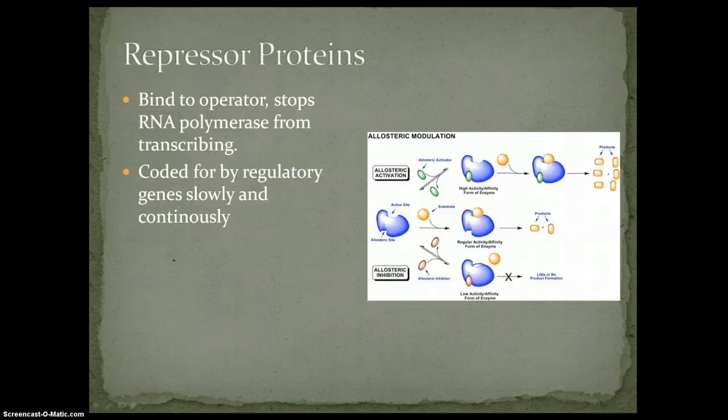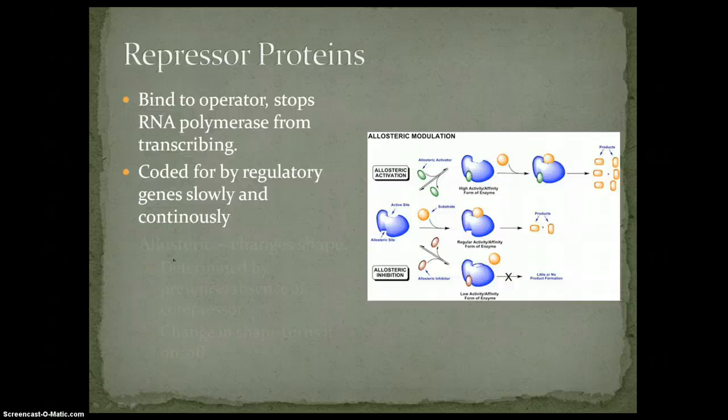It gets complex. That's why you have tons of DNA. But these repressor proteins happen slowly, and they happen continuously. So there's always an appropriate amount of repressor protein in a system.